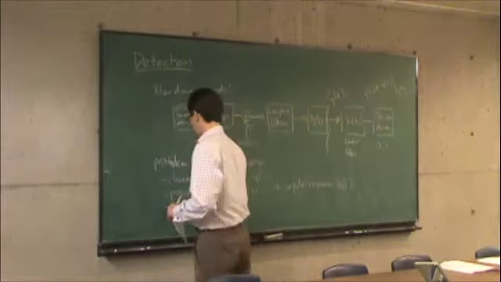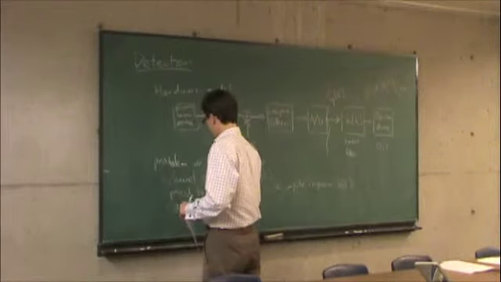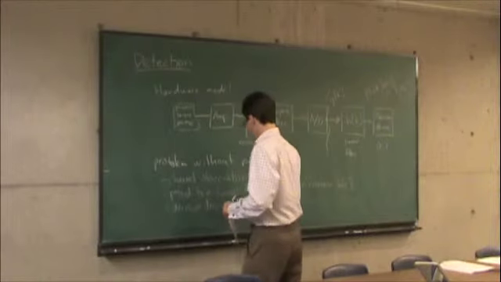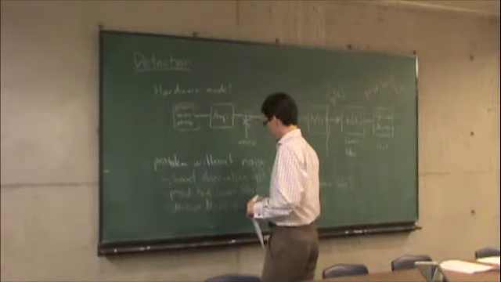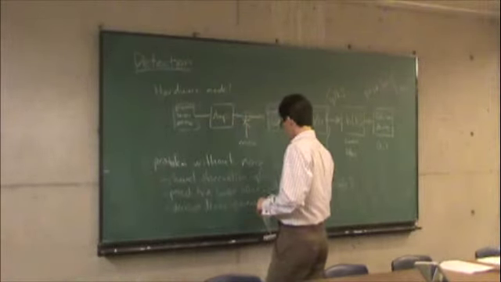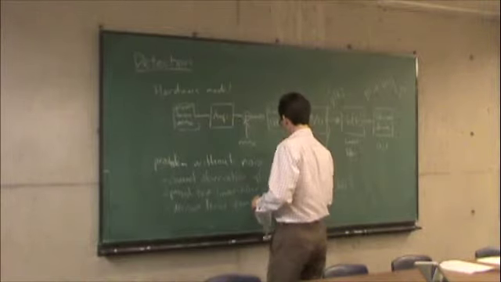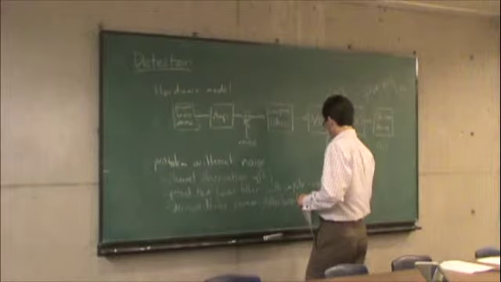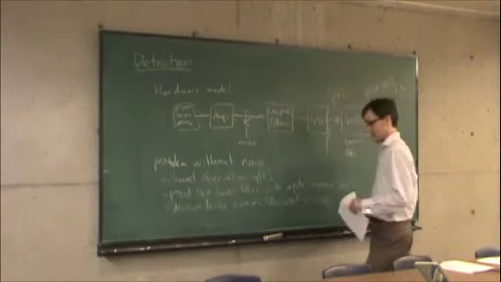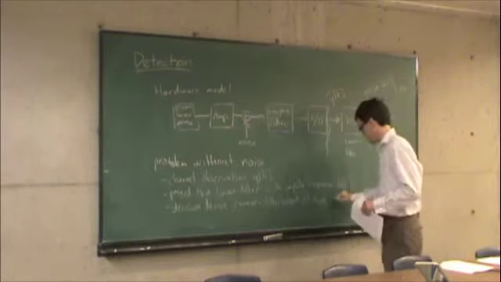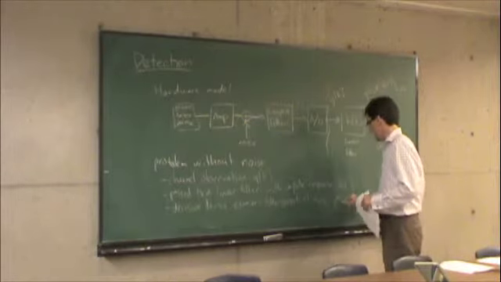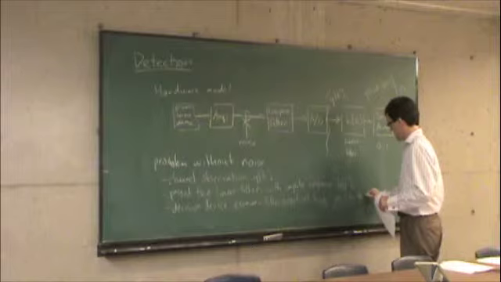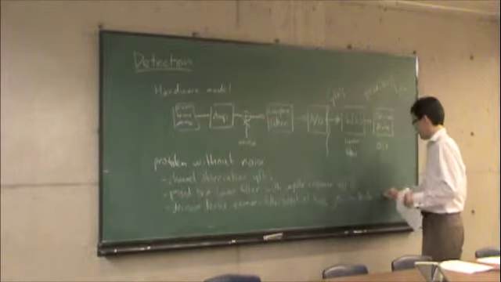The decision device examines the filter output at time j n_b, to decide the jth bit.